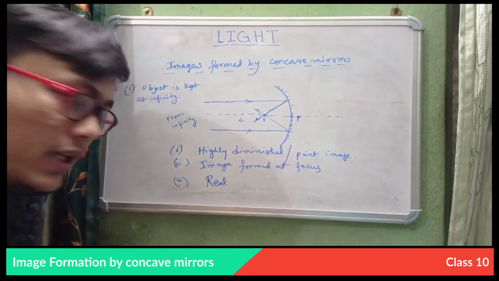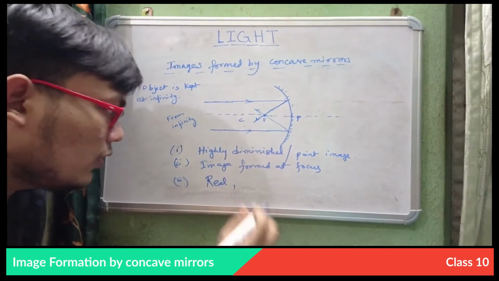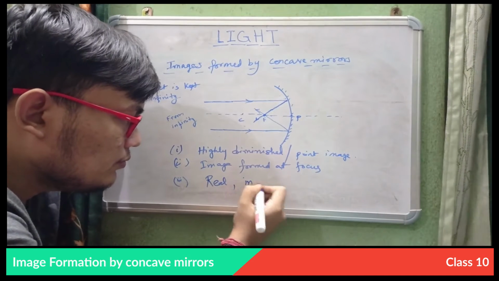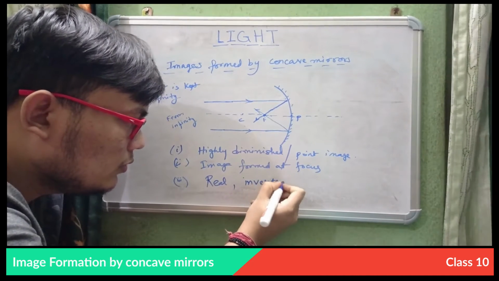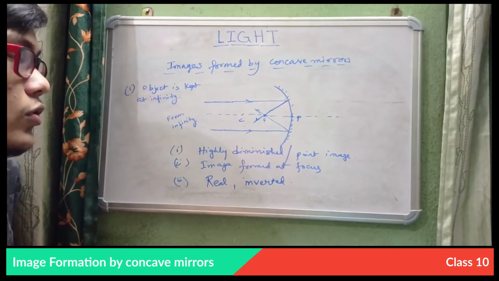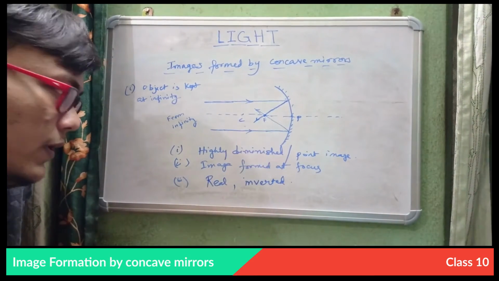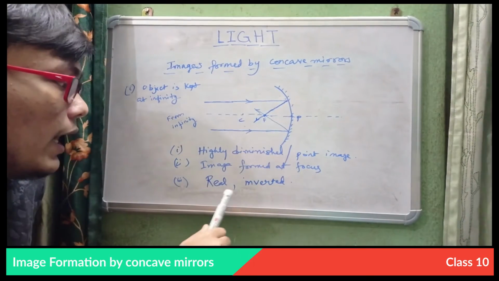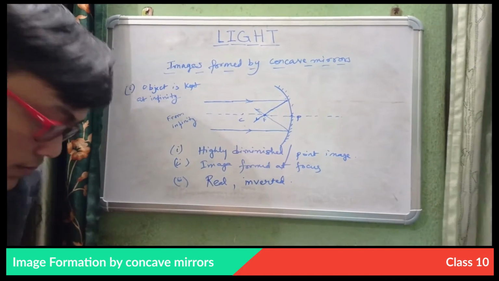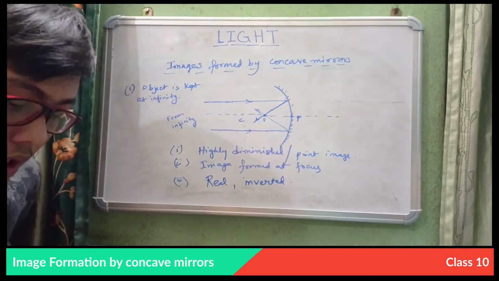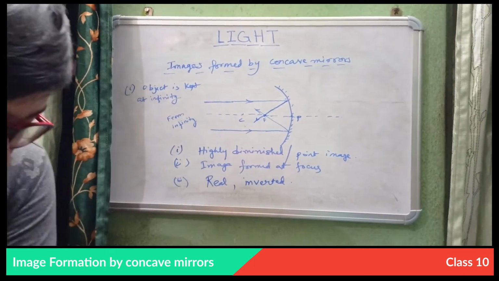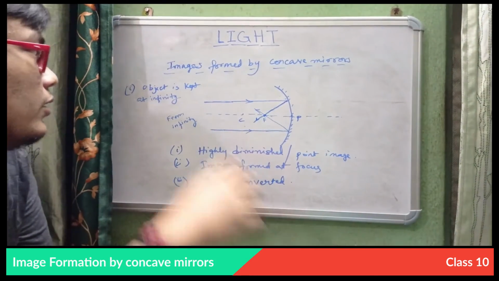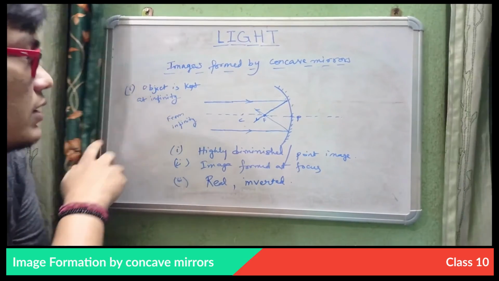For converging rays, we know the image formed is inverted. So the image is highly diminished, the image is formed at focus, the image is real, and it is inverted in nature.